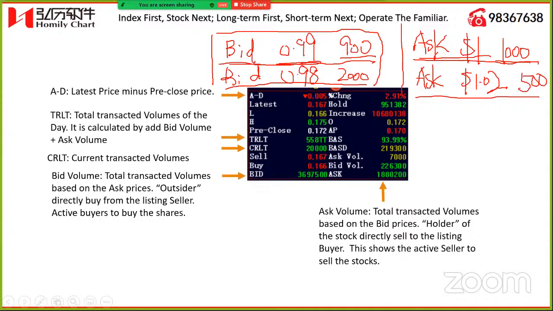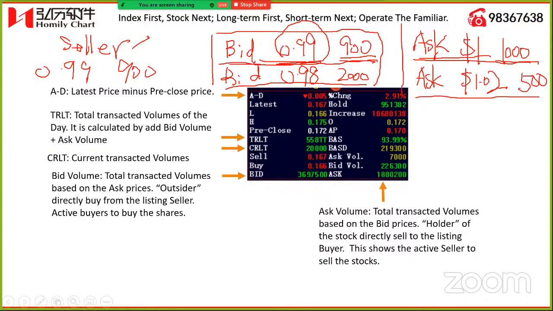So let's say there was a seller who is actually willing to sell at 0.99, 900 shares. So this seller will sell at 0.99, 900 shares.